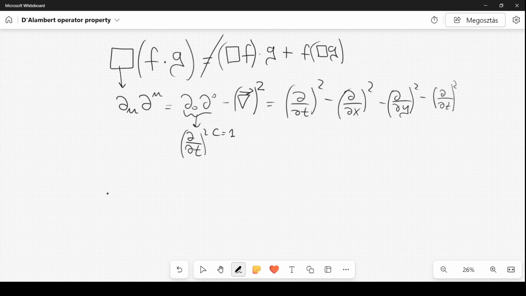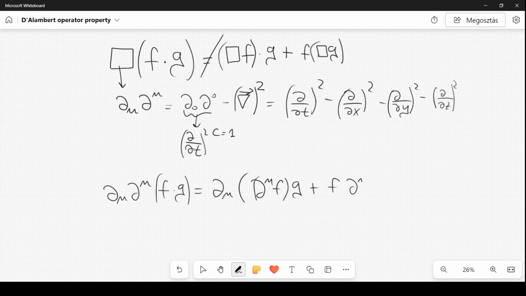So if we write down these derivatives instead of the symbol itself, we can realize that what we wrote here is actually wrong. And that's easy. So first, let's apply this derivative to the product of functions. We know how to apply a derivative to a product of functions. We have d mu f acting only on f times g, plus f, and then we have the derivative acting on g.